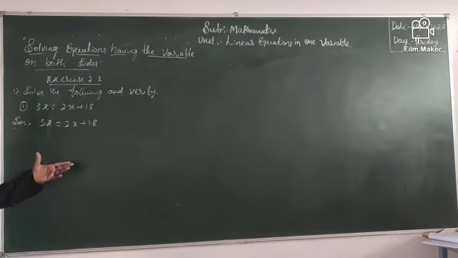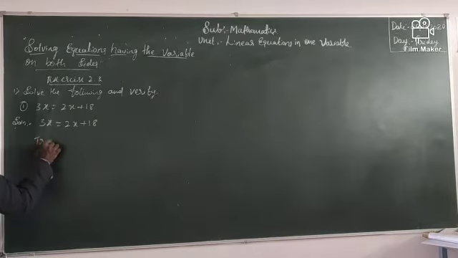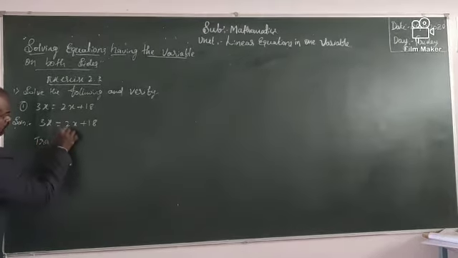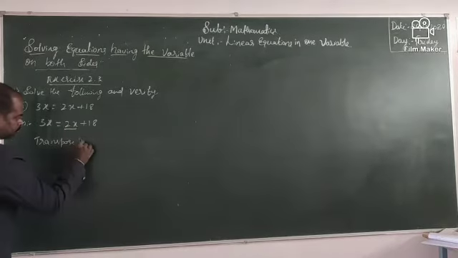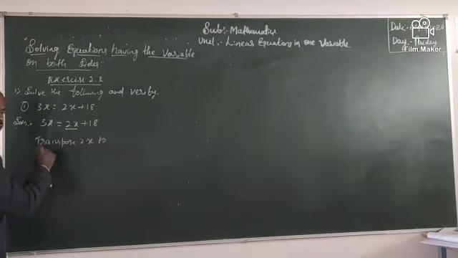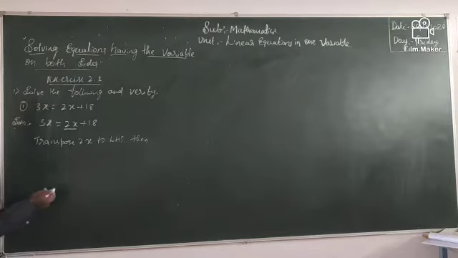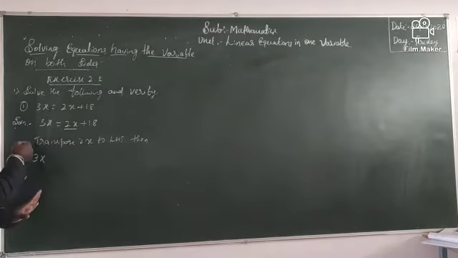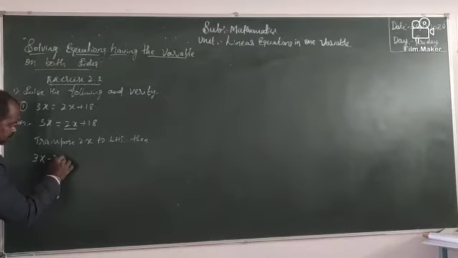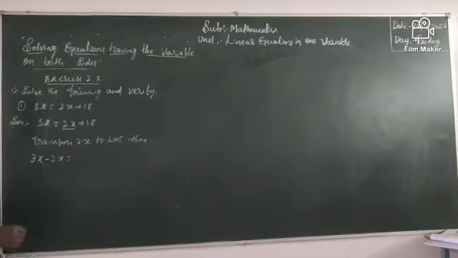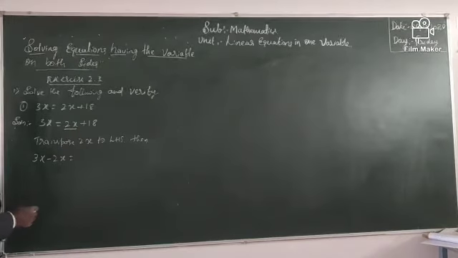The next step is to transpose 2x to the LHS. If you transpose this 2x to the left side, then it will become minus 2x. And what is remaining in the RHS?